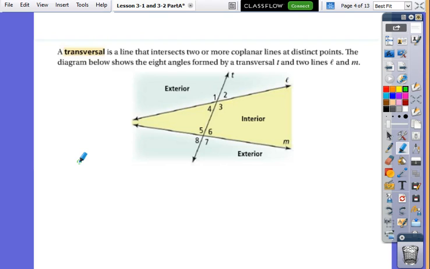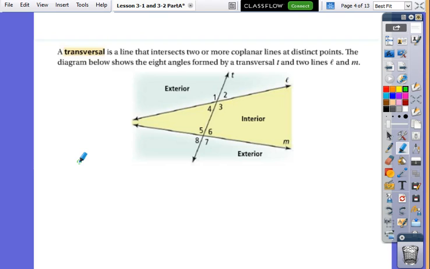The transversal will touch every single angle. So notice in this picture, T is the transversal because angle 1, angle 2, angle 3, angle 4, angle 5, angle 6, angle 7, and angle 8 all touch T. And the non-transversal lines, the other 2 lines that got cut, were lines L and M. Does that make sense? All right, so T is my transversal, and L and M are the other 2 lines.